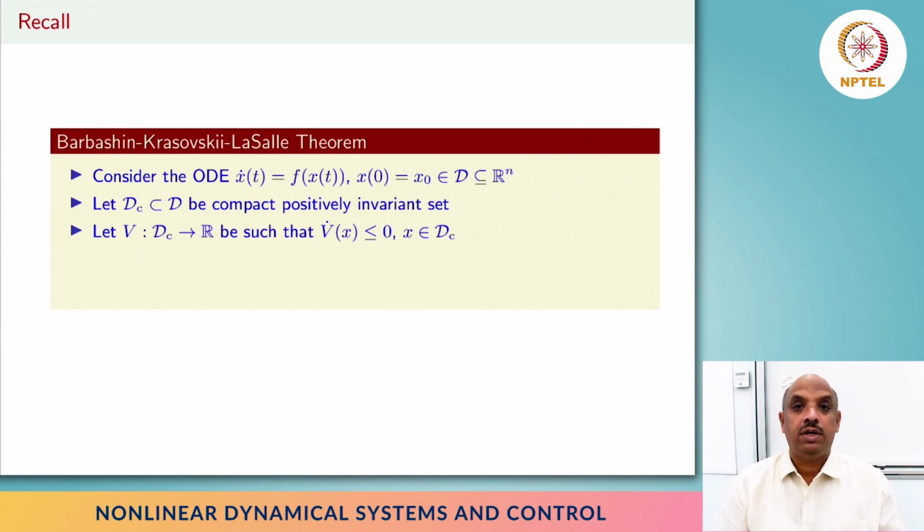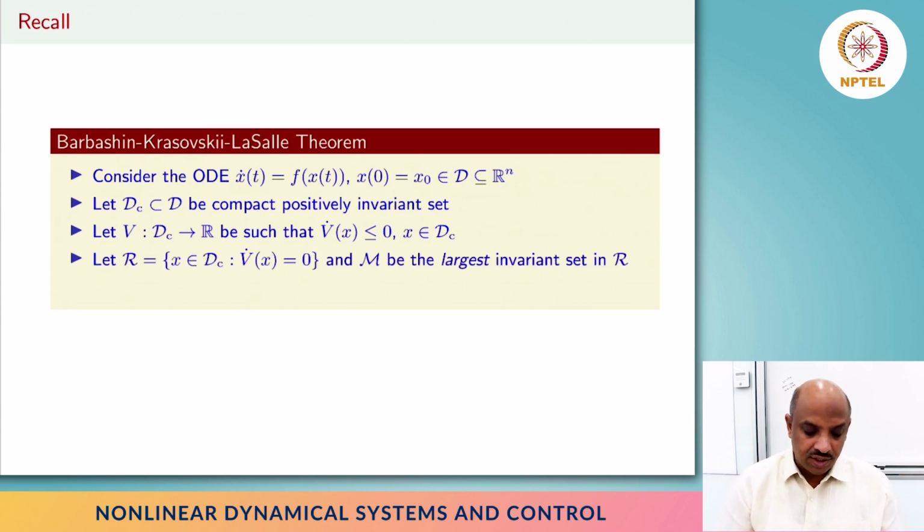It need not be positive definite, right? And basically pick this set R, which is nothing but the set of all x's such that V dot is 0, and M is the largest invariant set in the sense that I said, two sets, the union is bigger than the individual set and things like that.